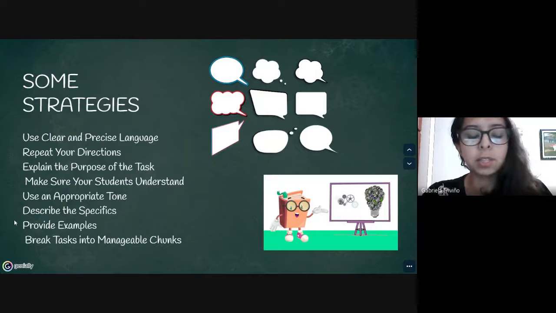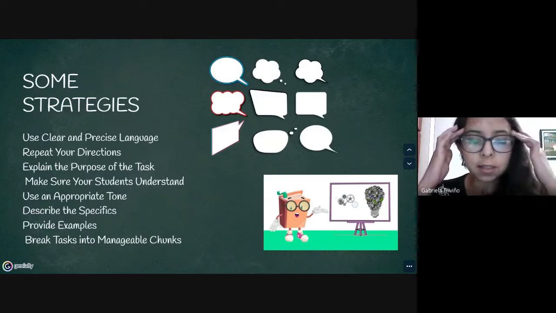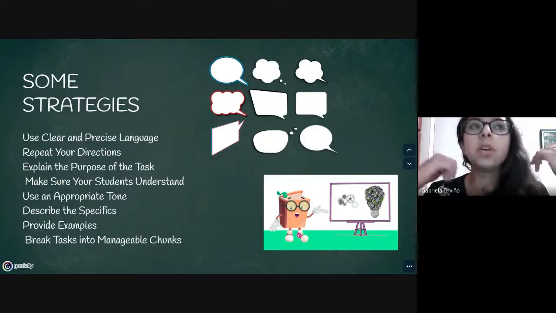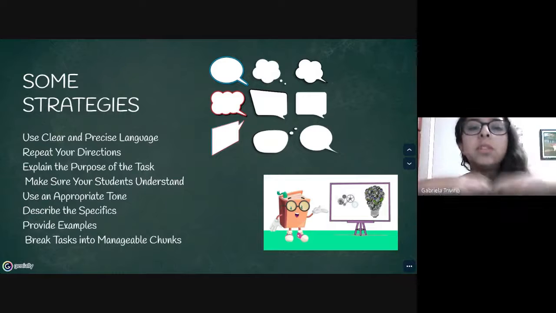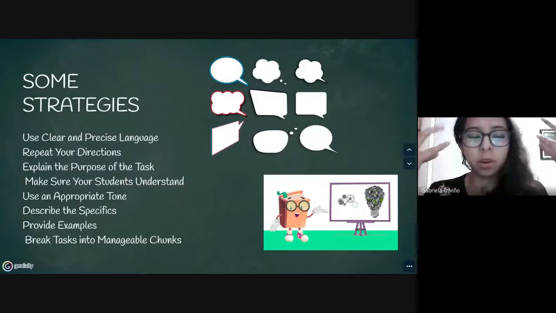The next point is provide examples. When we provide examples, it is clearer for the students how to do the activity, because all of us have a different interpretation of what we hear in our minds. If you don't give examples, your students are going to have different interpretations and are going to do the task in different ways.